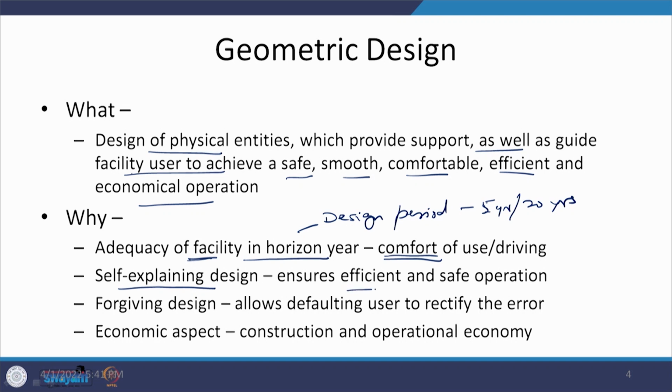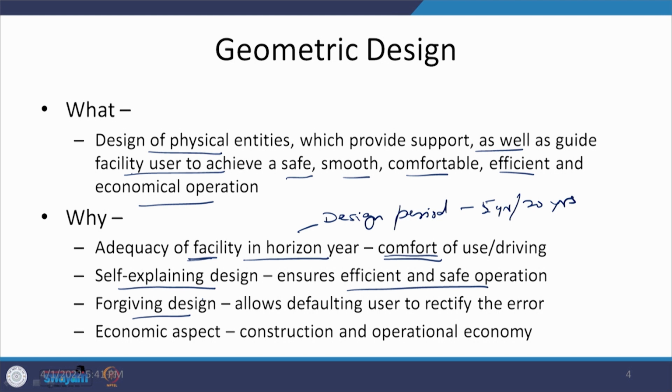Rather, it has to be a user-based approach, wherein the design is self-explaining, so that the driver or any road user is able to understand what it means and therefore complies with it, and that results in efficient and safe operation on the road. So, this is another important thing, and you should try to achieve these types of designs.